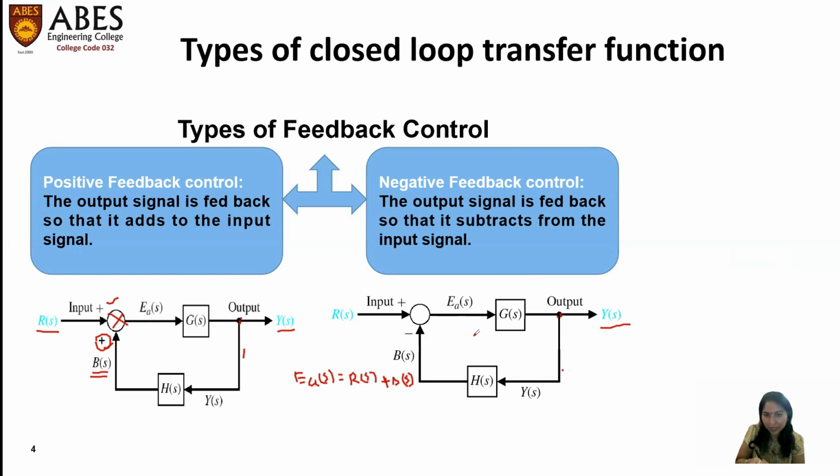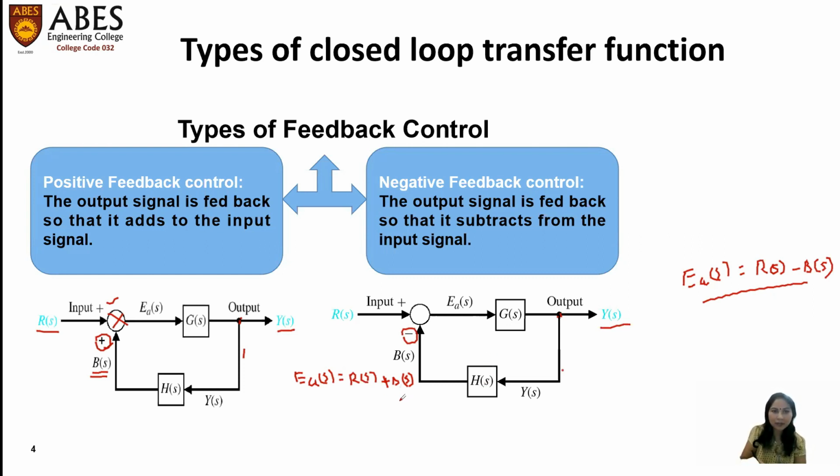So in this case, E_a(s) will become R(s) minus B(s), right? That's why here the feedback signal is with the negative sign. Therefore, this block diagram is a negative feedback control system, right?